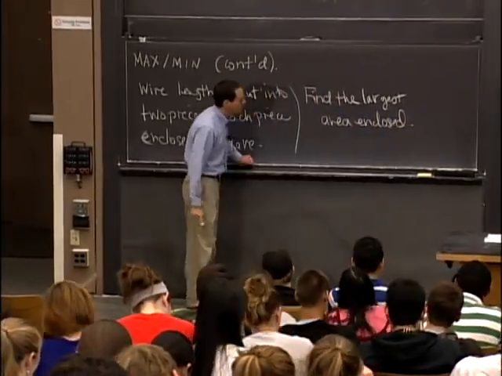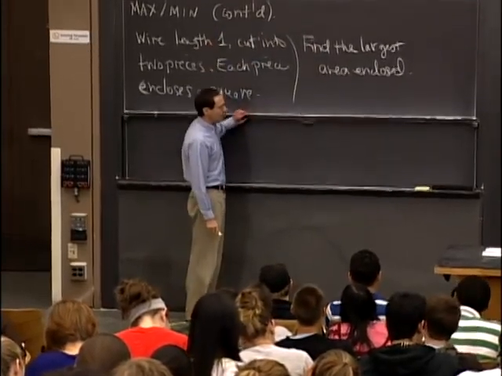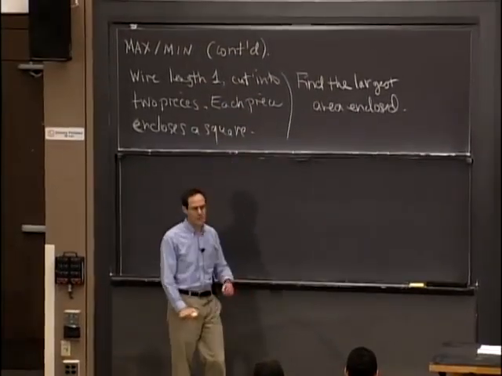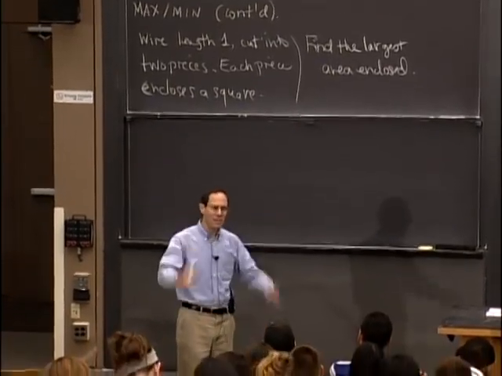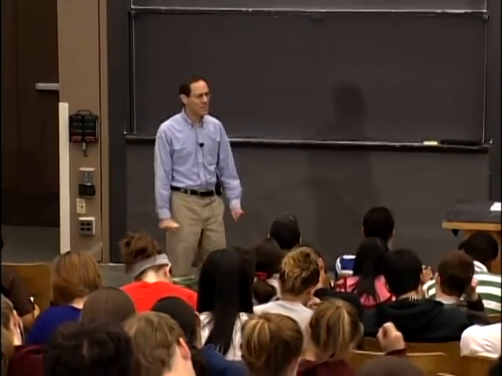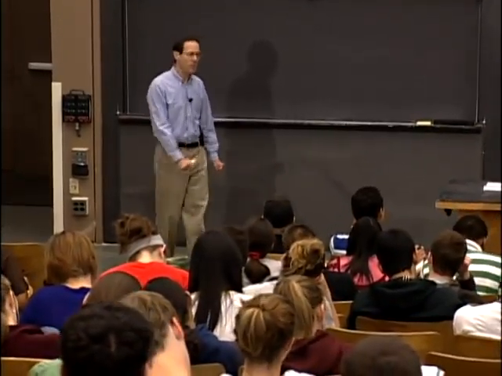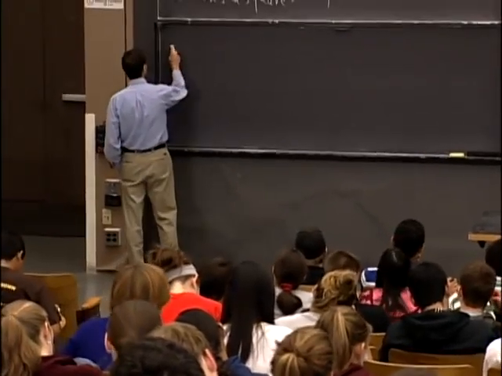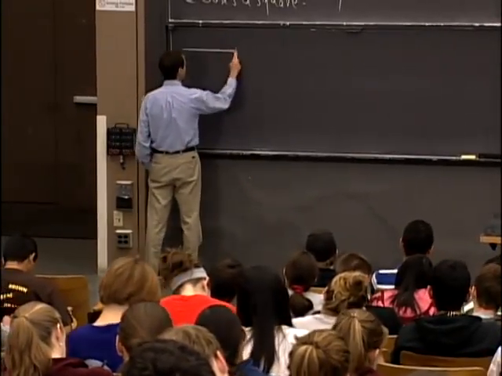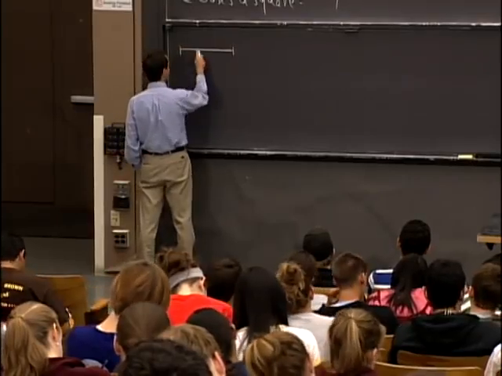All right, so here's the problem. Now, in all of these cases, there's a bunch of words, and your job is typically to draw a diagram. So the first thing you want to do is to draw a diagram. In this case, it can be fairly schematic. Here's your unit length.